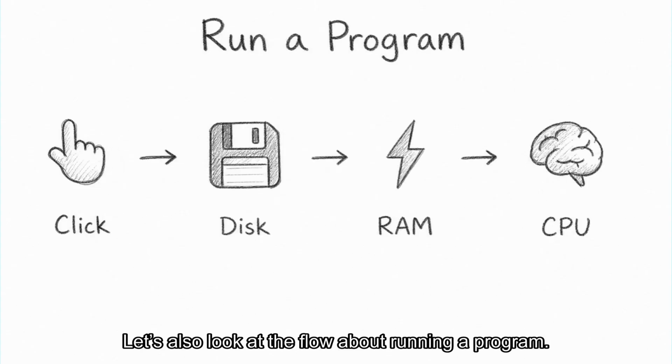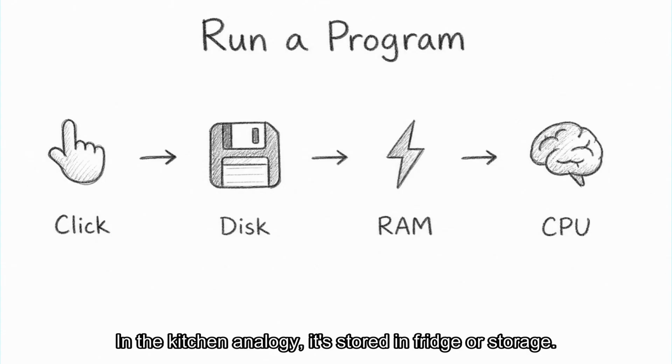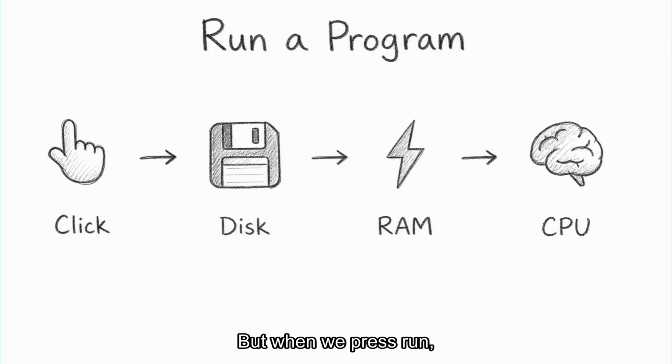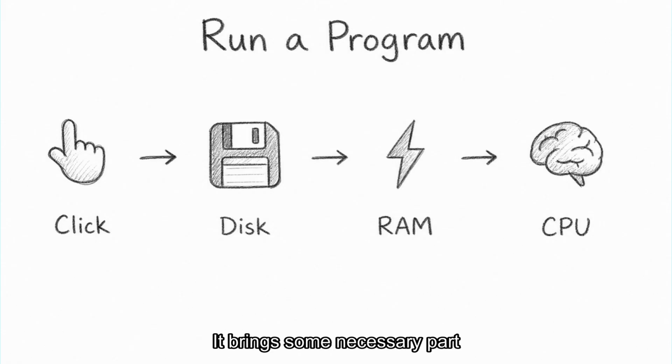Let's also look at the flow of running a program. Let's say that we open a browser or a messenger application. That program is originally stored on disk, like in the kitchen analogy where it's stored in the fridge or storage. But when we press run, the operating system prepares it so that it can actually run. It brings some necessary parts from the disk into the RAM, so the CPU can begin working on them. In the kitchen, it's like taking ingredients and a recipe out of storage and placing them on the counter so that the chef can start cooking.